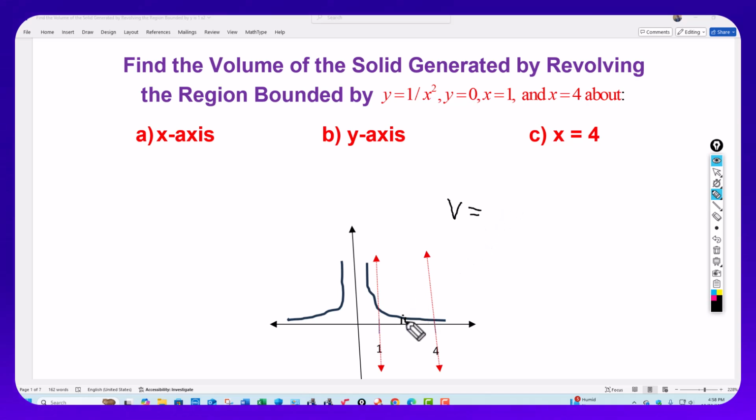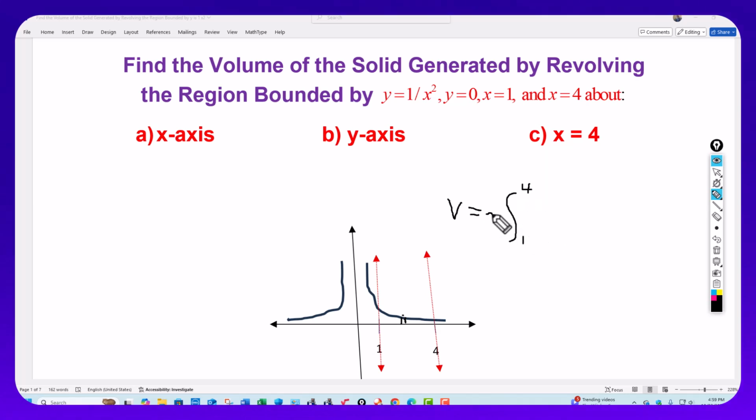Notice, because the rectangle is parallel to the axis of revolution, which is x equals 4, the width here is dx. I'm integrating with respect to x again, so the function will be in terms of x. Sometimes you have to change this to y when it's the other way around, but in this case, the limits of integration are still going to be the same, from 1 to 4.